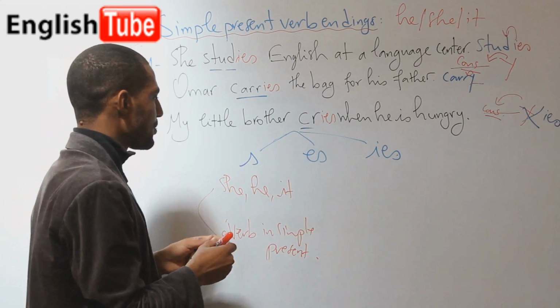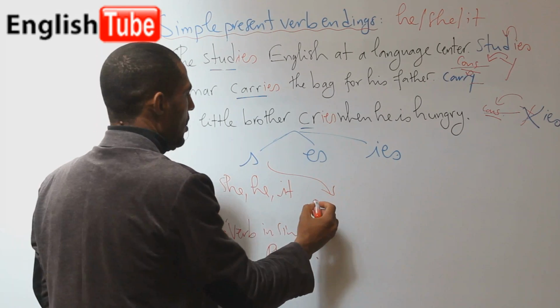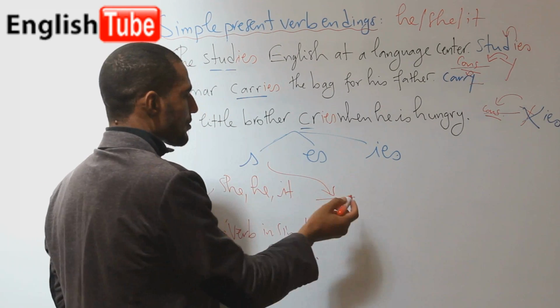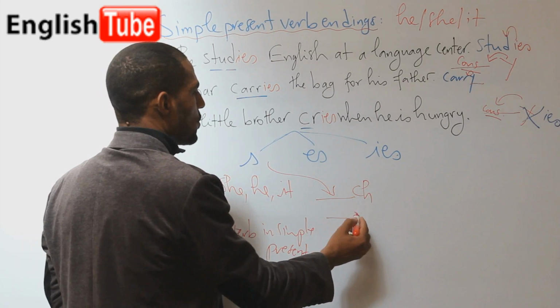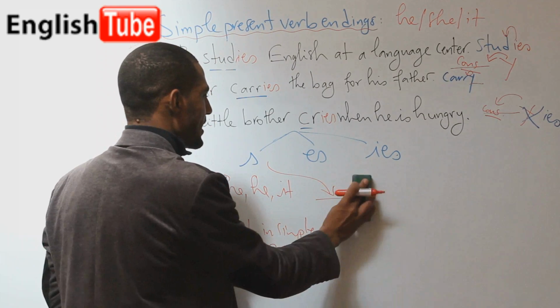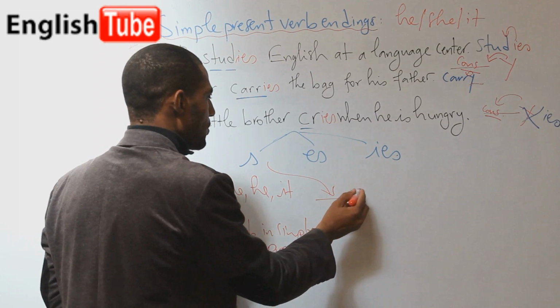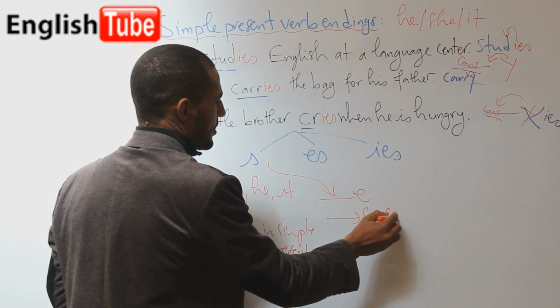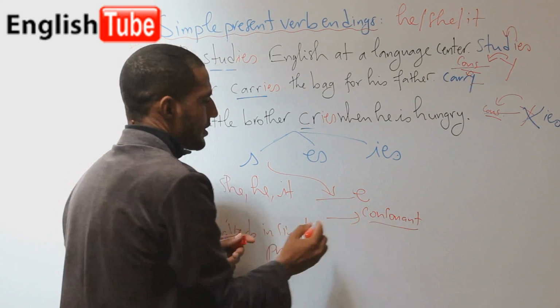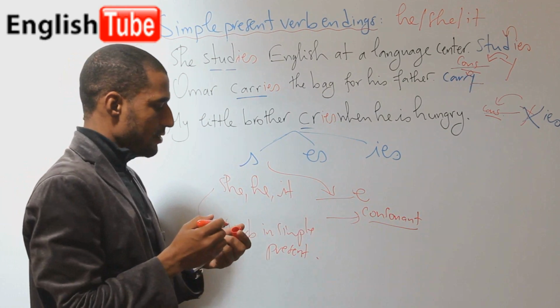Let's recapitulate again. We add S when the verb ends in E or in a consonant. In these two cases, we add S at the end of a verb.